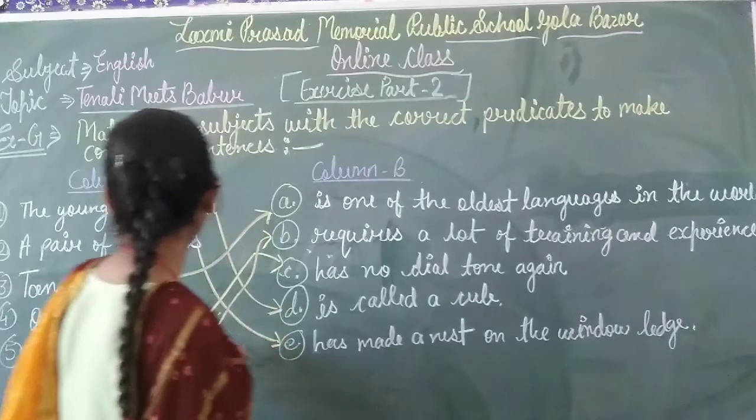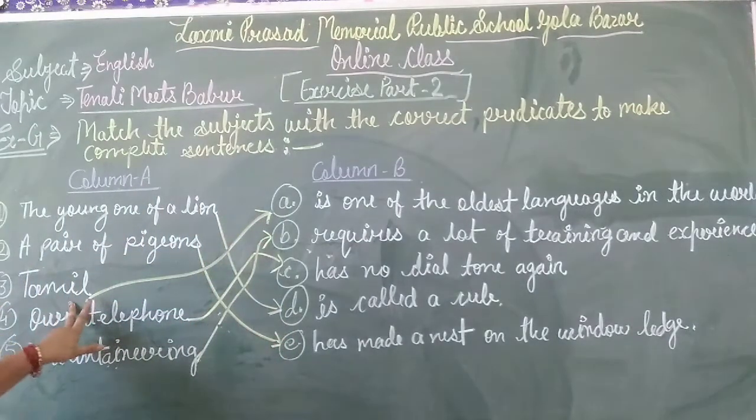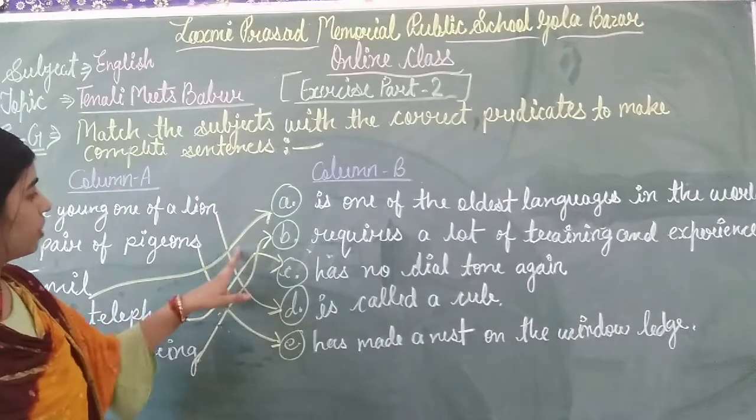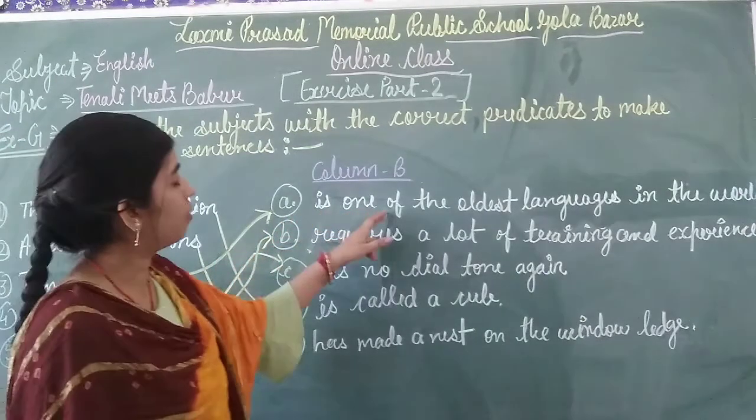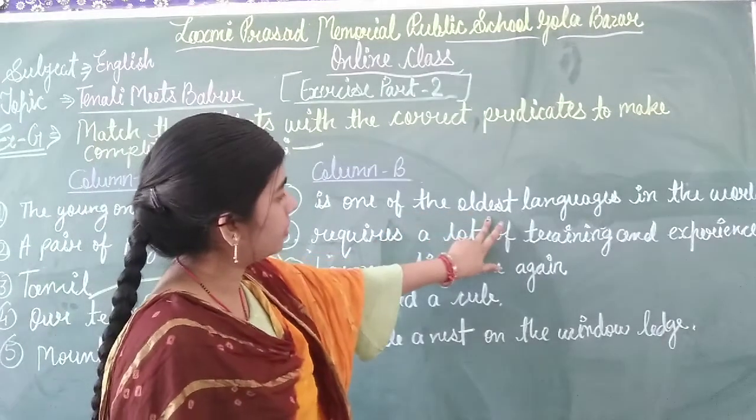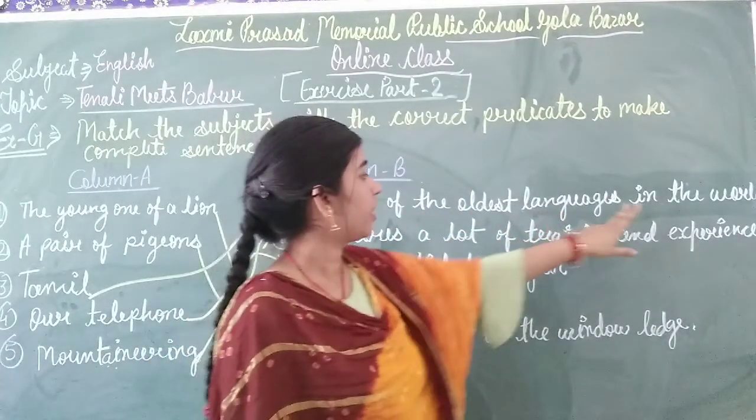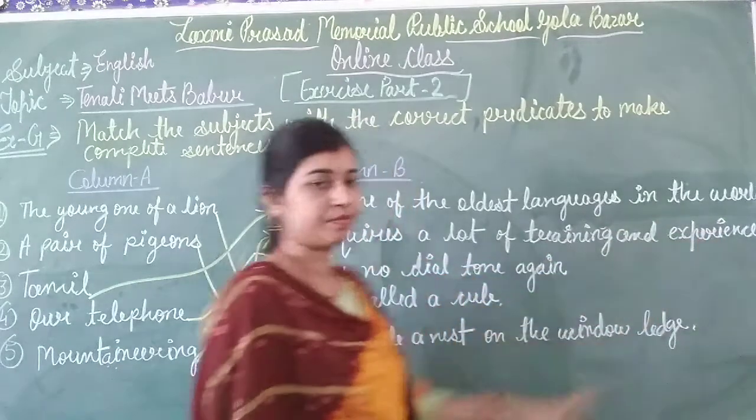Okay, so students, next number 3. Number 3 is Tamil. Tamil will match with option number A. That is one of the oldest languages in the world.